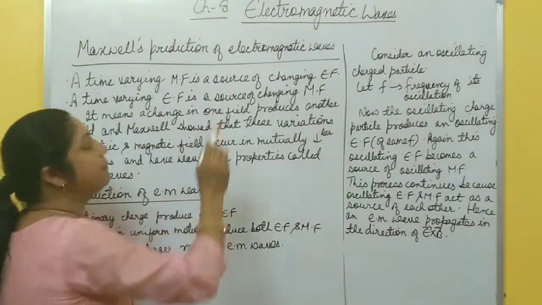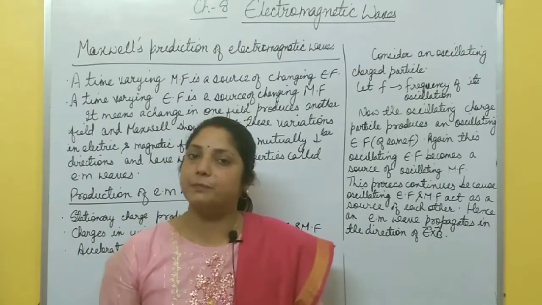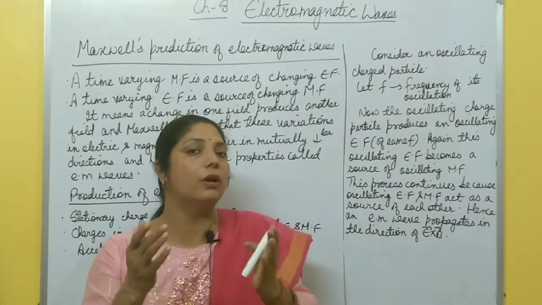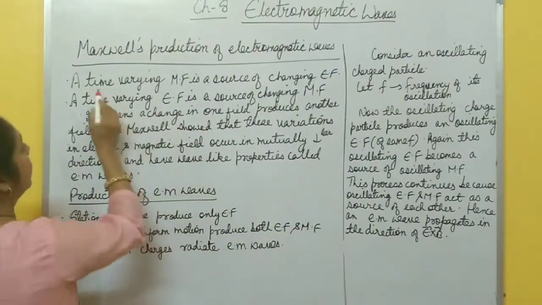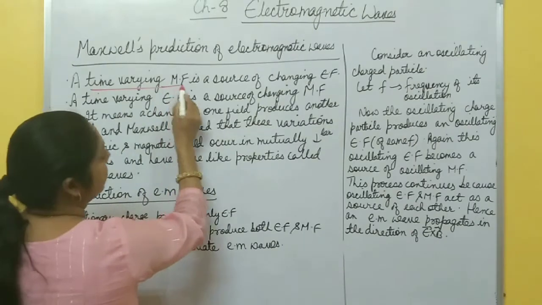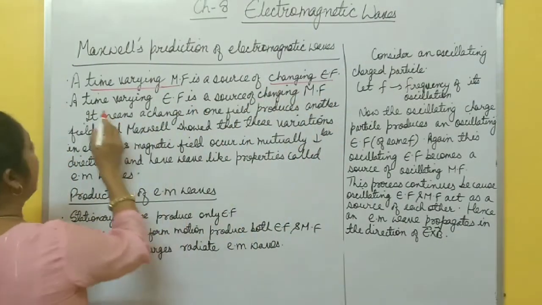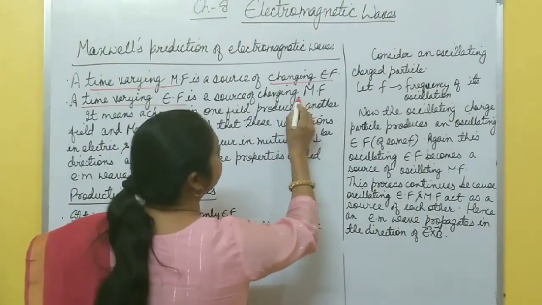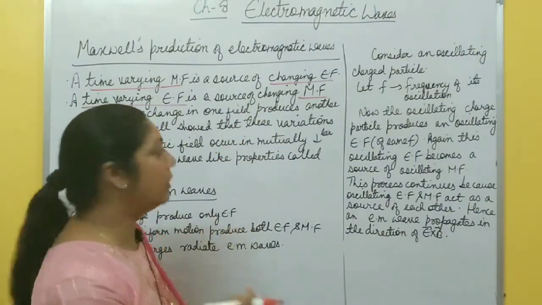Now, Maxwell's prediction of electromagnetic waves. After the basic idea of displacement current and Maxwell's four equations, which combine all laws of electricity and magnetism, Maxwell found that a time varying magnetic field is a source of changing electric field according to Faraday's law, and a time varying electric field is a source of changing magnetic field, which is the Ampere-Maxwell circuital law, right?